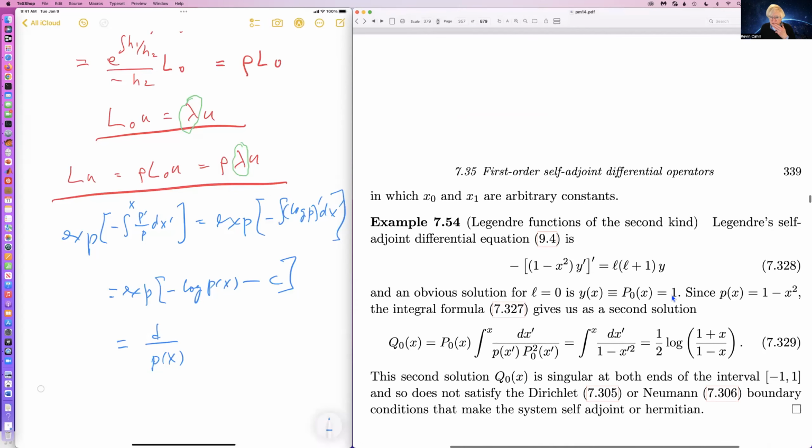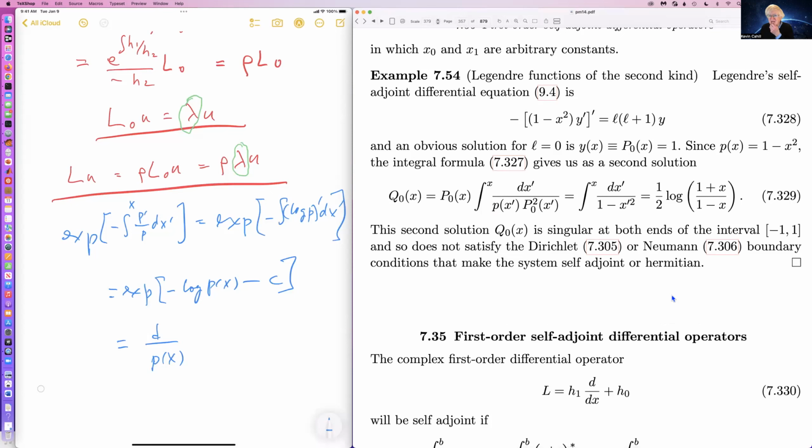than the general formula. And for example, for Legendre's differential equation, there's a solution y of x just equal to 1. It gives you a solution of this differential equation, and p is 1 minus x squared.